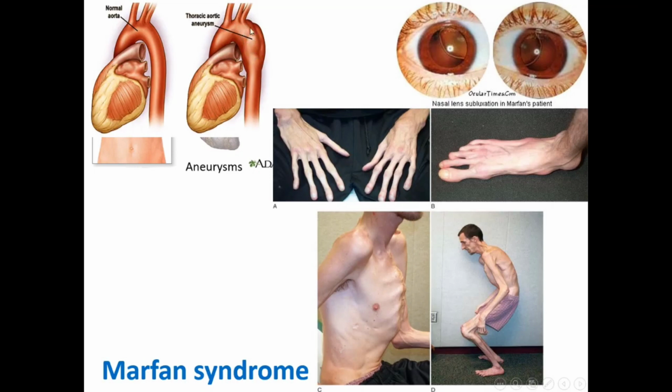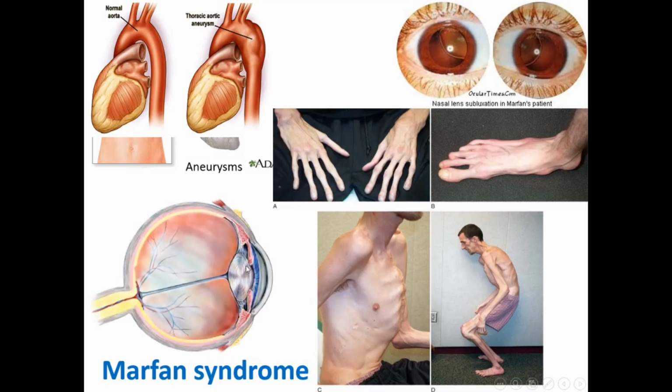They have a swelling in the aorta called an aneurysm. This defective part is very prone to rupture, and it ruptures very easily.